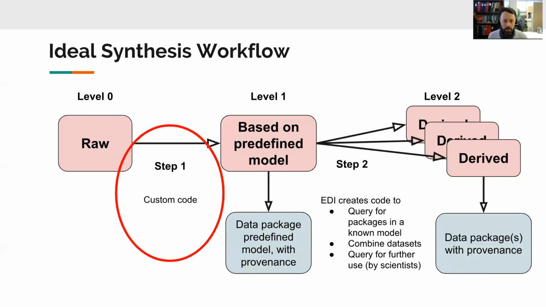So what I'll be talking about here briefly is that first step, converting the level 0 to the level 1. Since each of these data sets that we have in our repository vary in format and content, it really calls for a custom code or a custom script to do that conversion.